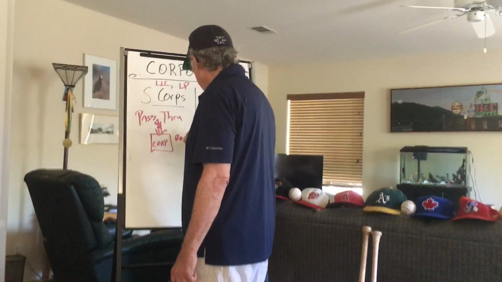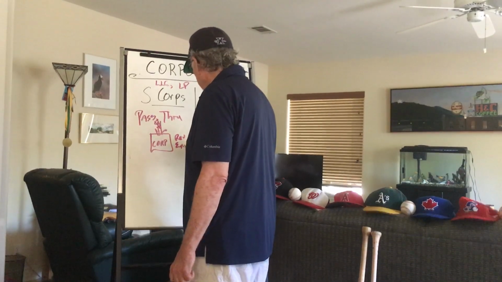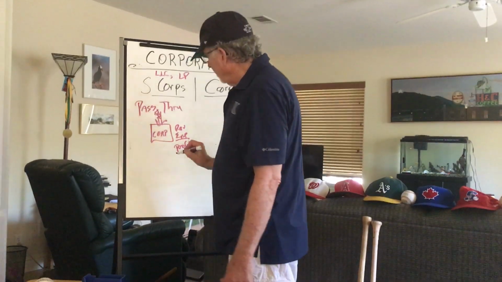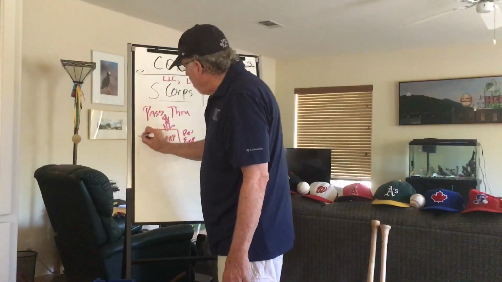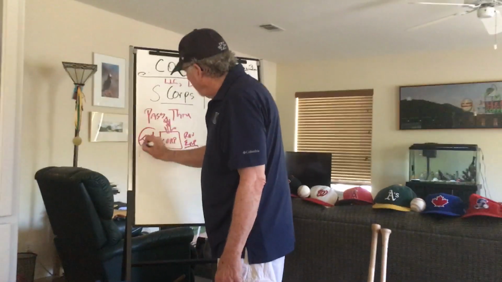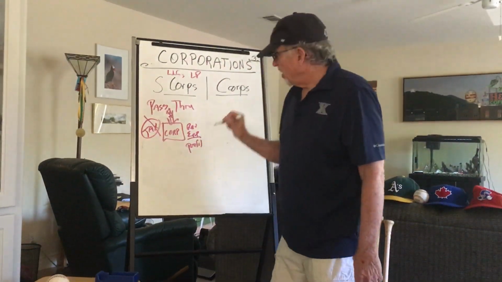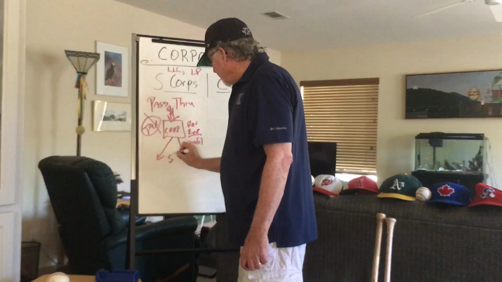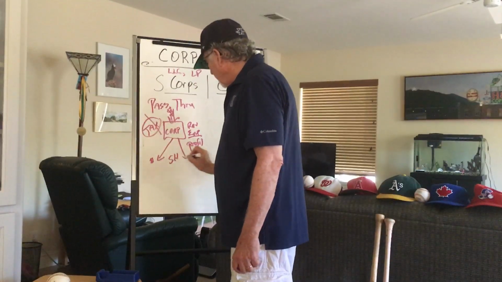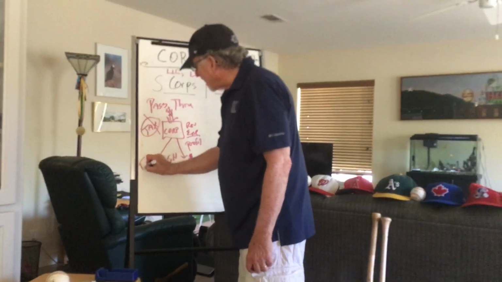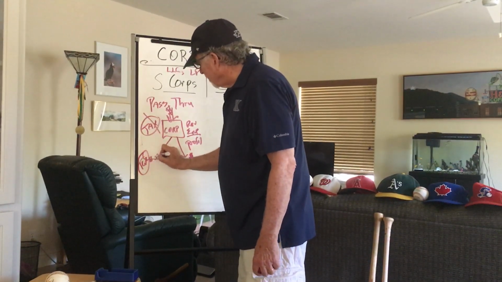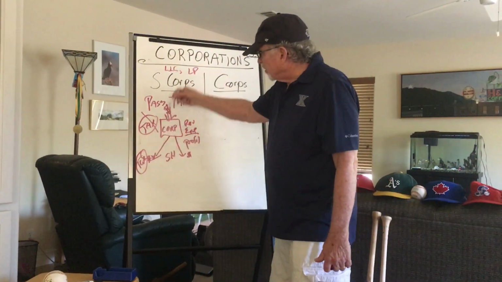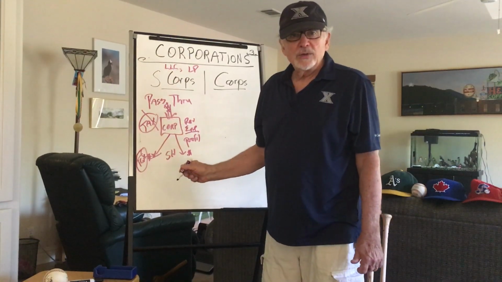Here's your revenue, here's your expenses, and here's your profit. There is no tax on the S corporation. No tax at all. The only tax is on the money that comes out to the shareholders. And then there's a tax on the shareholders. See what I mean? The profit passes through the corporation to the shareholders.